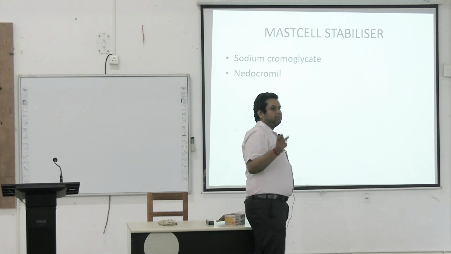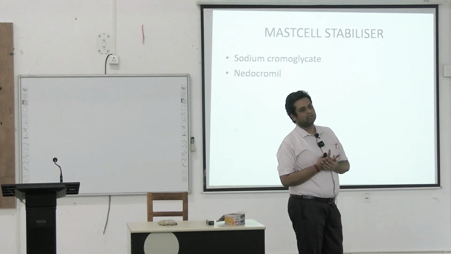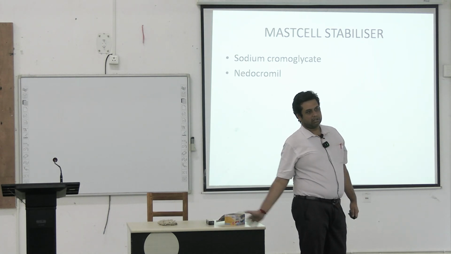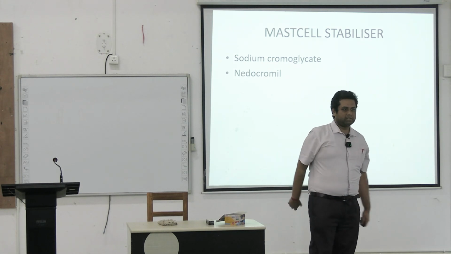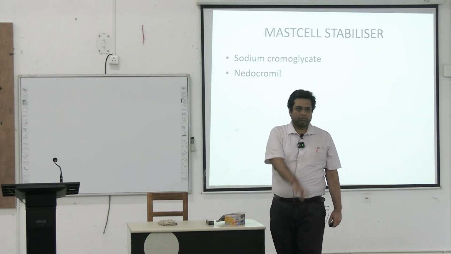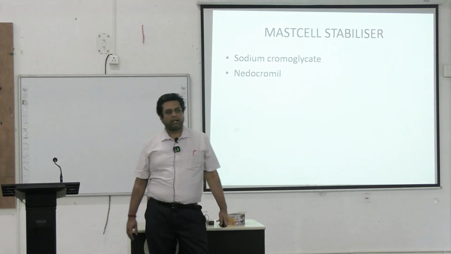So what is the mainstay of treatment of asthma? Beta agonist, steroid. So if you are asked to name some anti-asthmatic drugs, start with steroids, start with beta agonists. These are only adjuvant drugs.